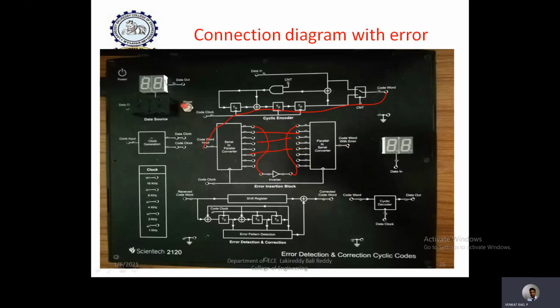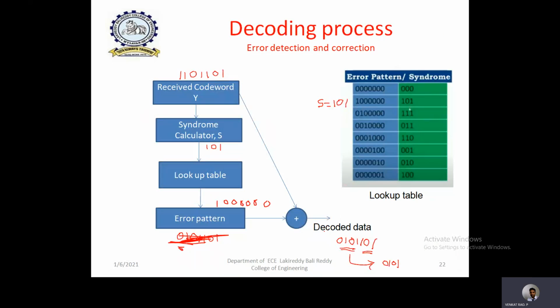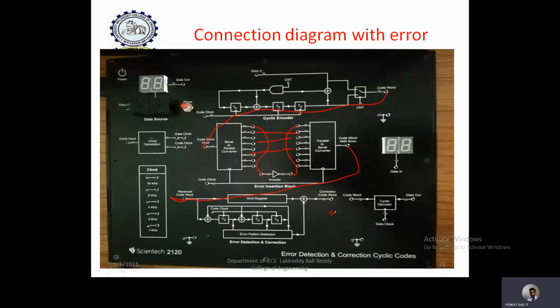Now that is given to the syndrome calculator, and this syndrome calculator will calculate the syndrome value. Based on the syndrome value and the lookup table, this error pattern is making an XOR operation with the received code vector. Finally, the corrected code word will be coming at the output. Okay, this is the corrected code word.